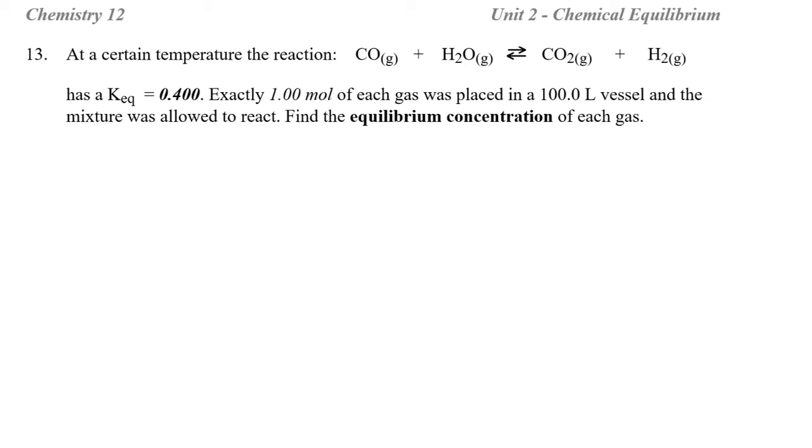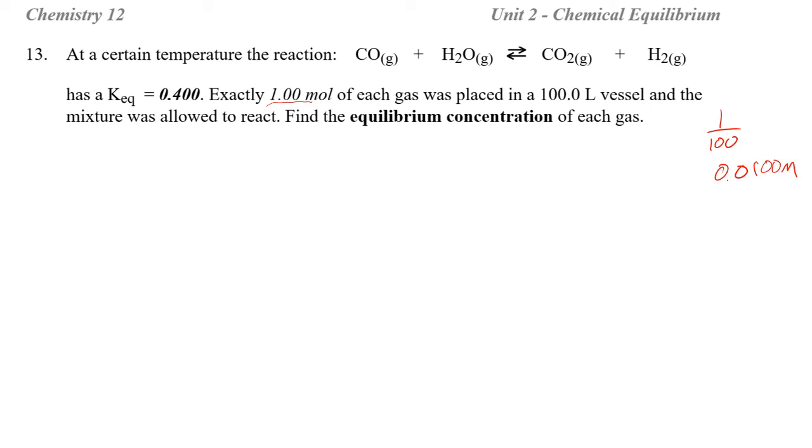Okay, so first off, I got to do that annoying little math of 1 divided by 100, to find the concentrations of everything. Okay, so 1 divided by 100 is just 0.0100, it's supposed to be 3 sig figs.